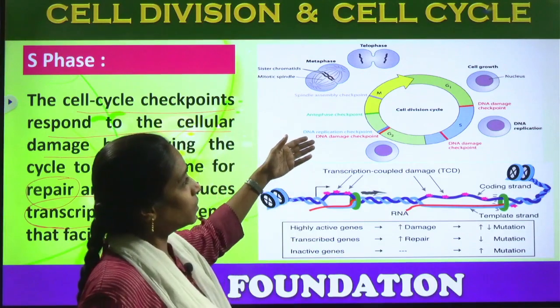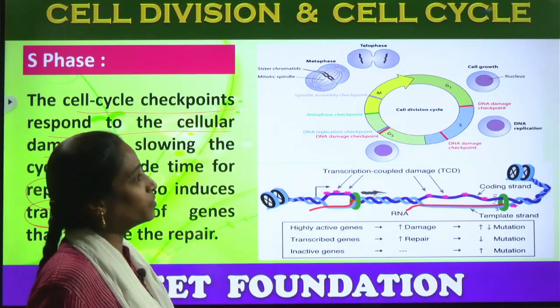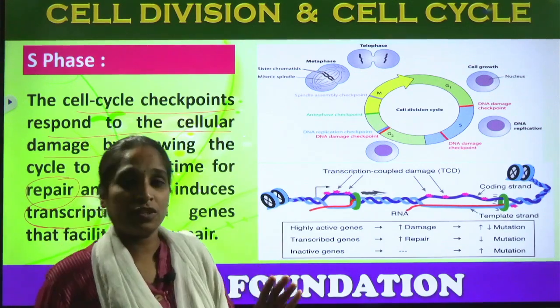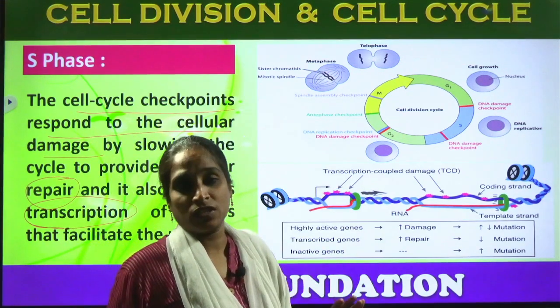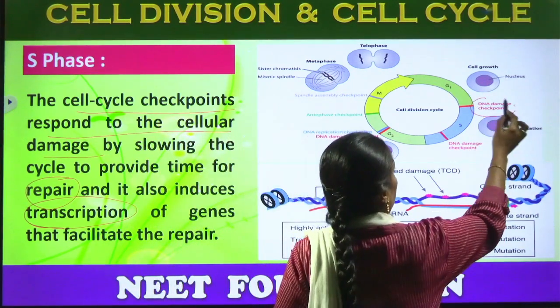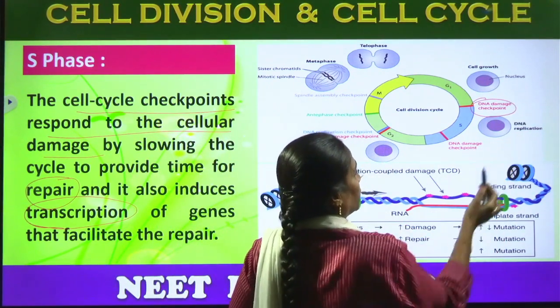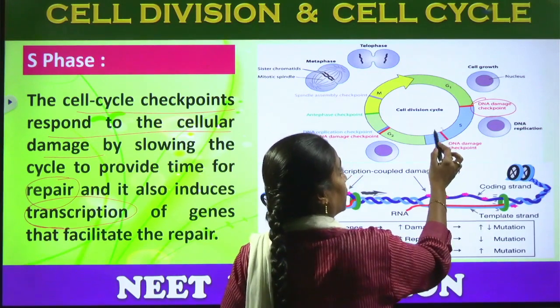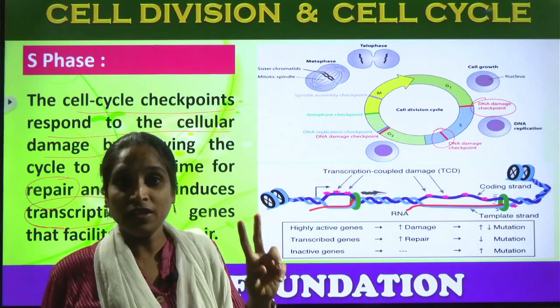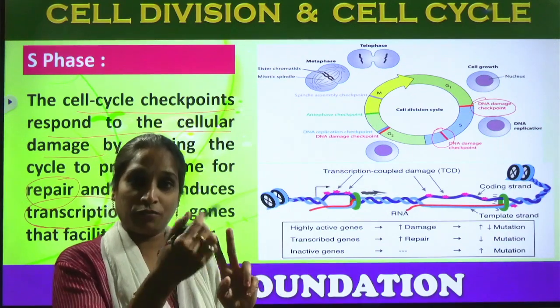Here the checkpoints are also responsible for checking the DNA replication process, whether it is going in a normal or a damaged way. So the DNA damage checkpoint and DNA replication, and the DNA damage checkpoint again, they go for double checking, and then only can they confirm it.